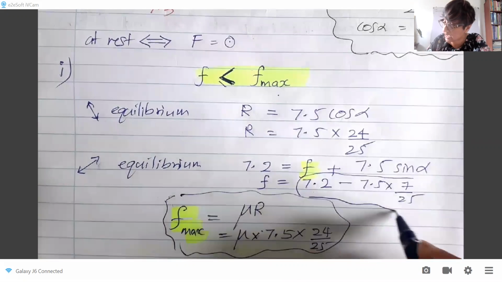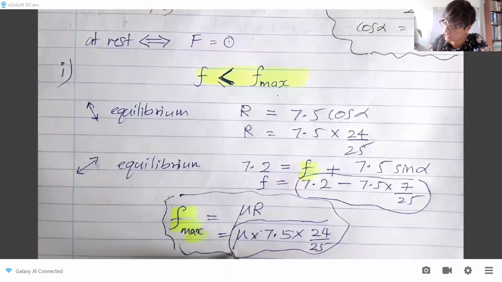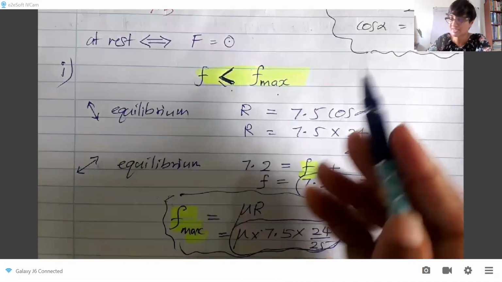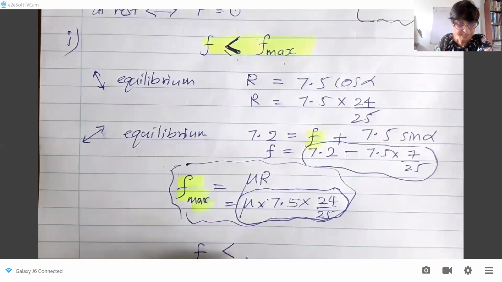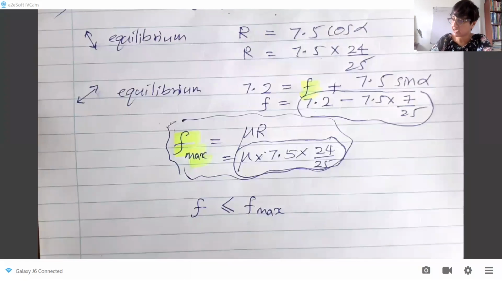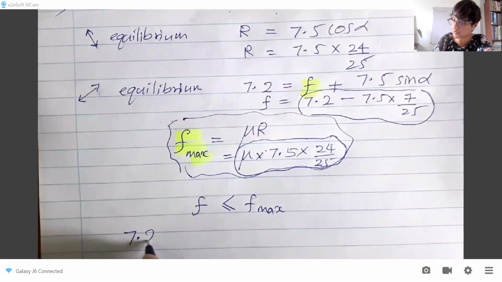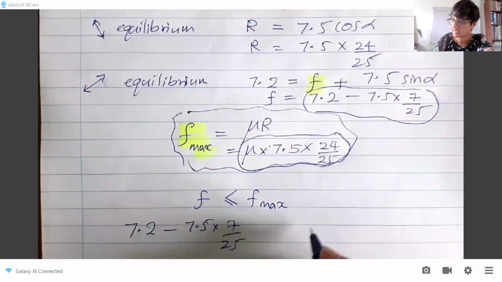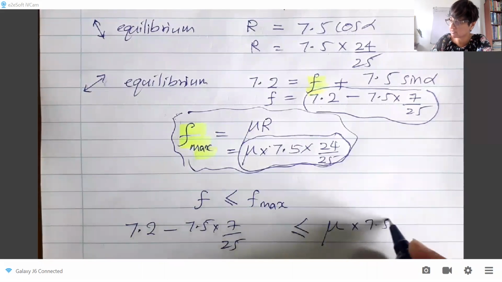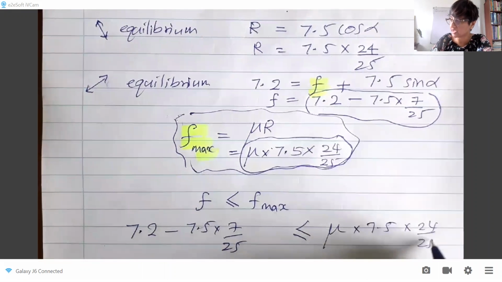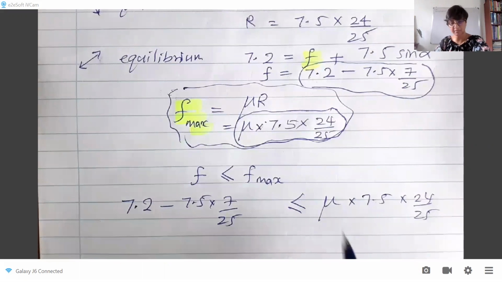This is F. This is F max. Now, using this inequality, I know that F is less than or equal to F max. So F is this. You can do the simplification. 7.2 minus 7.5 times 7 over 25 is less than or equal to F max, which is mu times 7.5 times 24 over 25. Do the simplification, make mu the subject, and you should get that answer.